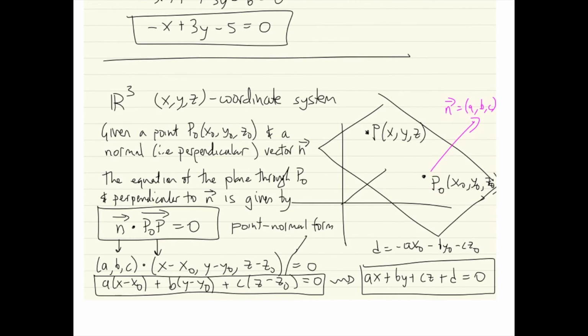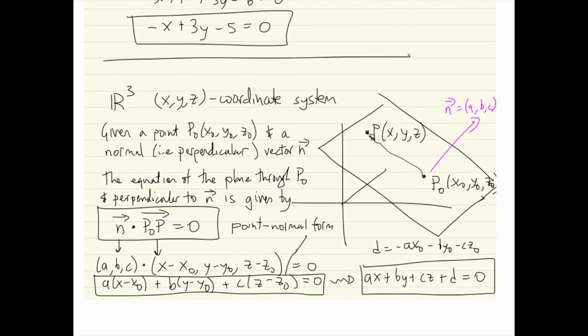And once again, the equation is n dot P0P, where P is the arbitrary point on the plane, and P0P is the vector starting at P0 and going through P. Their dot product has to equal 0.